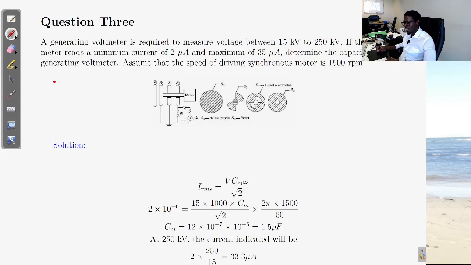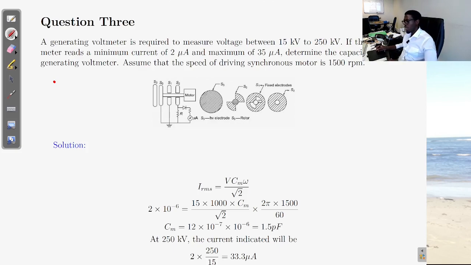So it generates the current that is proportional to the applied external voltage. So if we can measure this current, then we can know, using the proportionality, the value of the external voltage, and that is the way it measures.